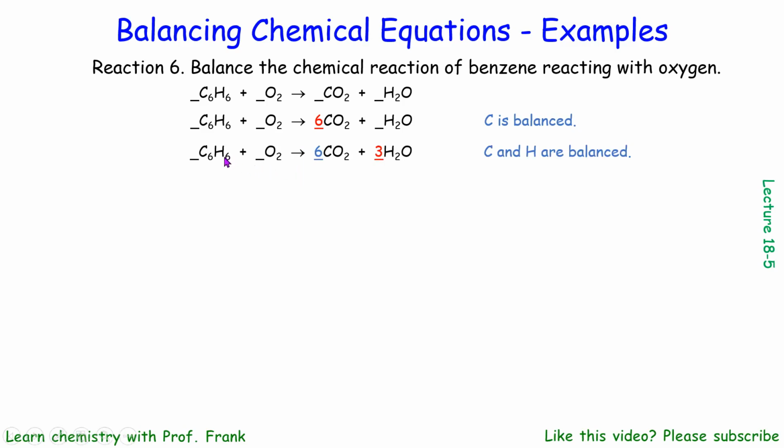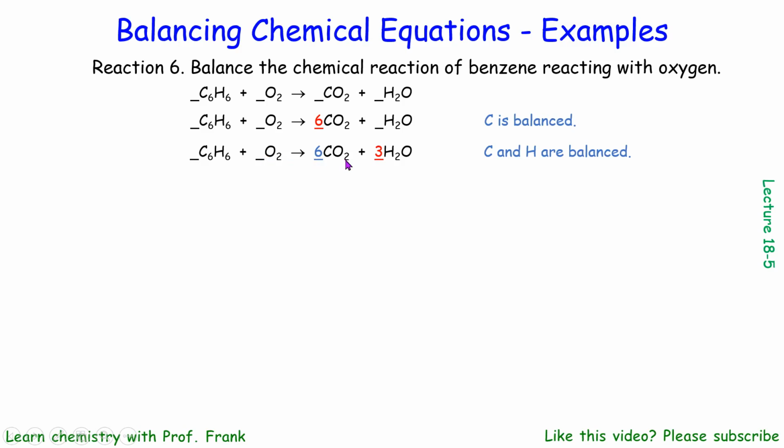Before the reaction, 6 hydrogen atoms. After the reaction, that's only 2. So we need to place a coefficient of 3 before the water molecule, which makes 6 hydrogen atoms. Now both carbon and hydrogen are balanced. But how about oxygen? Before the reaction, only 2 atoms.